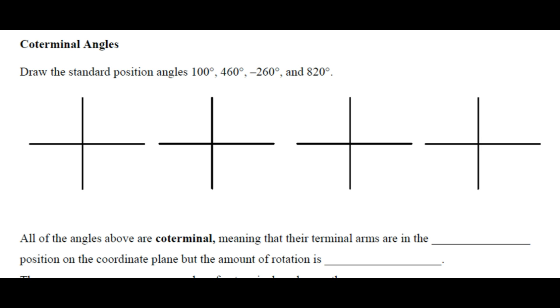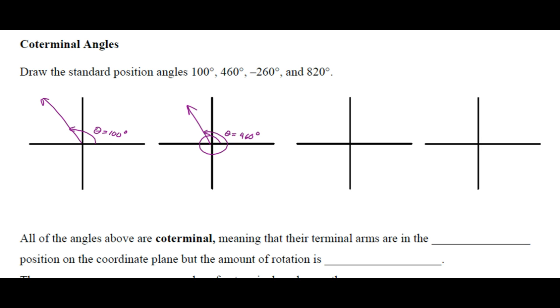Okay, coterminal angles. Draw the standard position angle 100 degrees. Okay, so where's 100? Where do I go? How much further past 90? 10 degrees. Okay, so there's theta is 100 degrees. 460 degrees: 90, 180, 270, 360, 450, okay, 460. Theta equals 460 degrees.